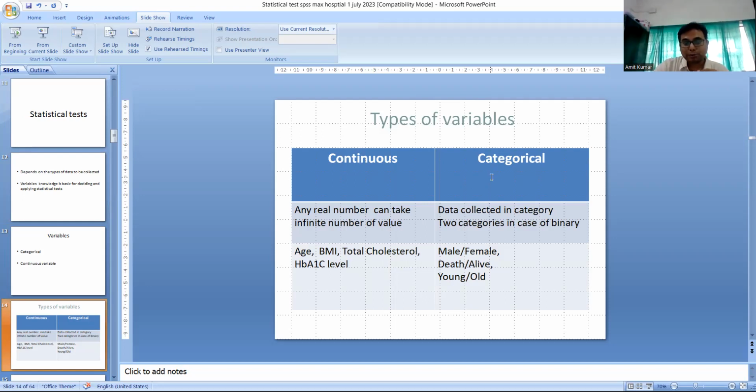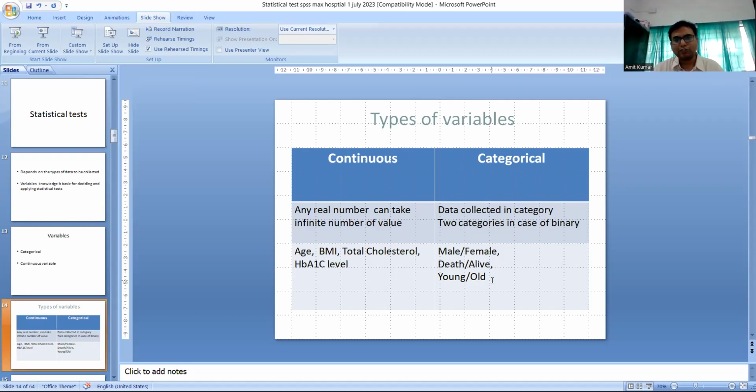And another type of variable is called a categorical variable, where you are collecting your data in categories, where the continuous nature of the data collection is not possible. Suppose we want to collect the data for gender, then we have only two options, male and female. So if the data is collected in categories, it is called a categorical variable, like male and female, death, alive, young, old, or designations like assistant professor, associate professor, senior professor.